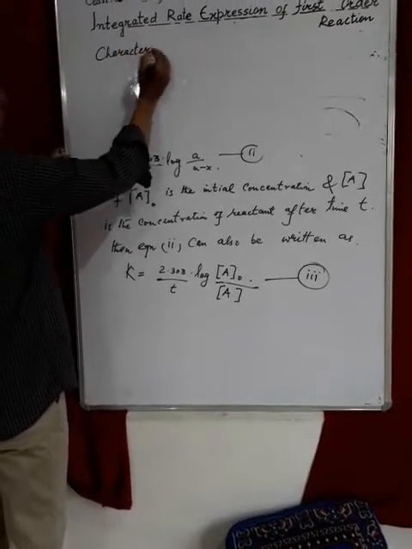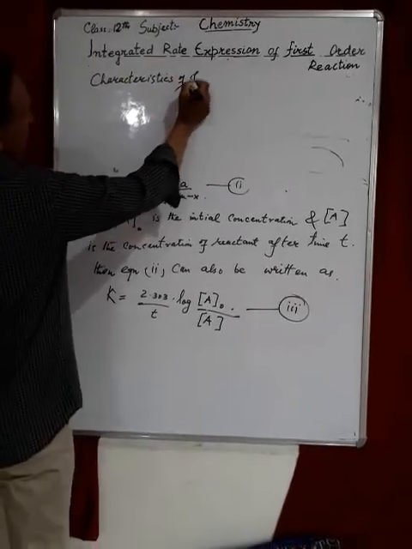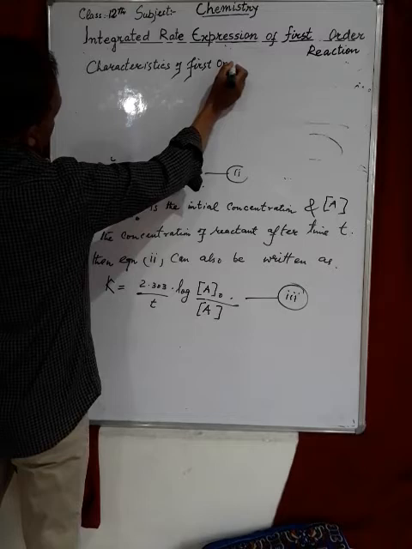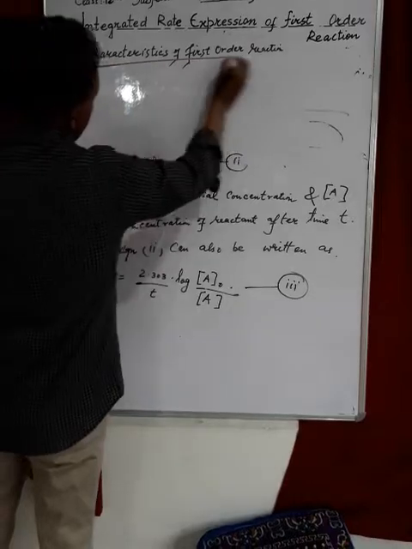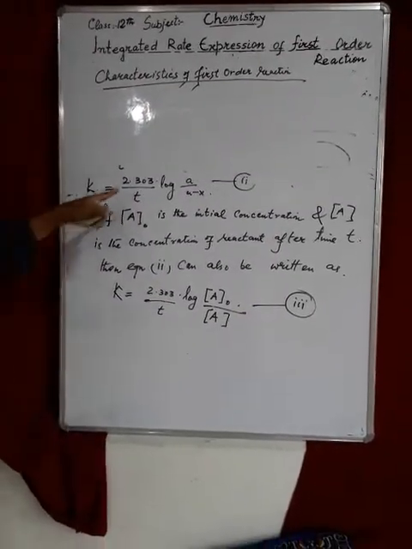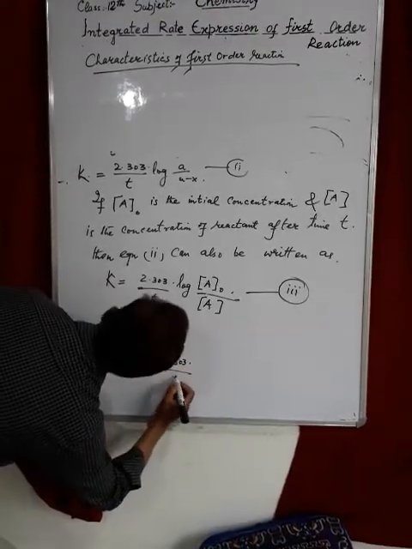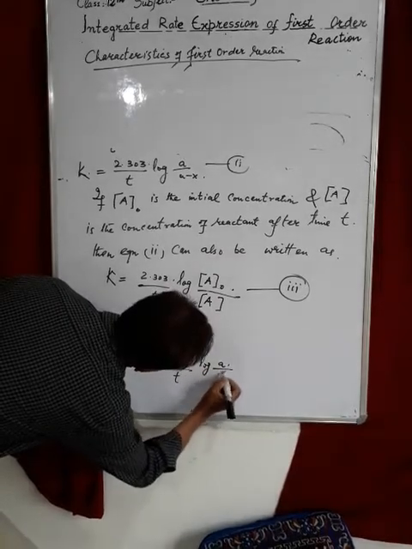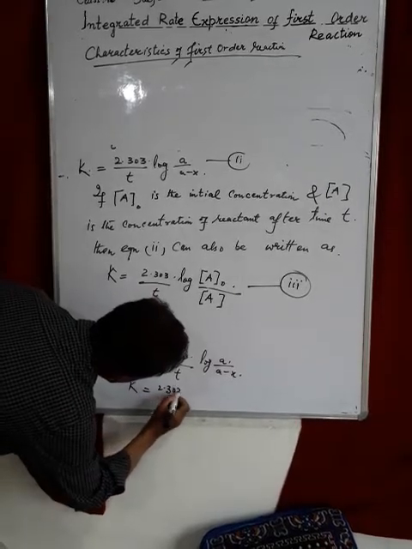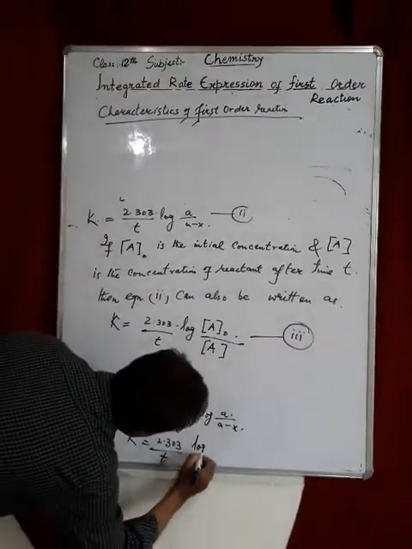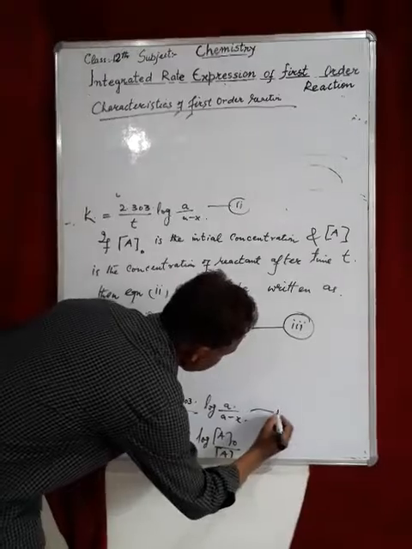So these two equations I will write here: K is equal to 2.303 divided by t log of a divided by a minus x, and K is equal to 2.303 divided by t log of a naught divided by a. This is equation second, this is equation third.